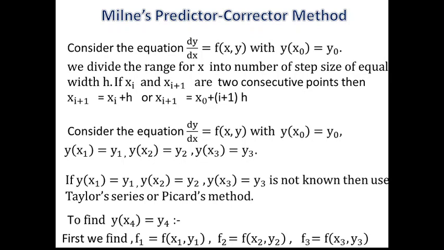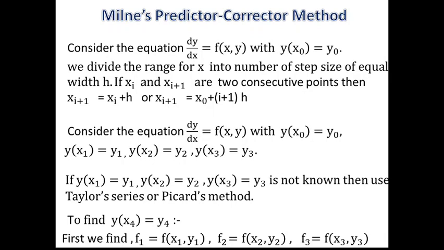For this reason, single step methods such as Taylor series, Euler modified, and the Runge-Kutta method are called starting methods, and the multi-step methods which we are discussing now, that is Milne's predictor corrector method, are called continuing methods. Thus the only drawback of multi-step methods is that they are not self-starting. They need a single step method to start.